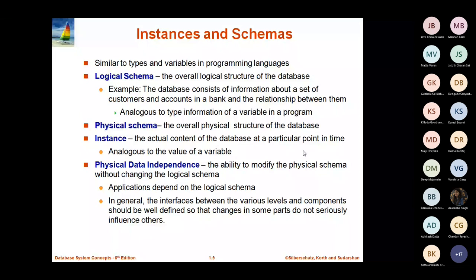Now physical schema means how these things will now get mapped to physical files, because at the end of the day the database, as I said, must be maintained in some file system. But remember this very important point, that even if I have this DB1, DB2, DB3, and say DB1 has got these three tables, say T11, T12, T13, and DB2 has two tables, T21, T22, and DB3 has say one table, T31.